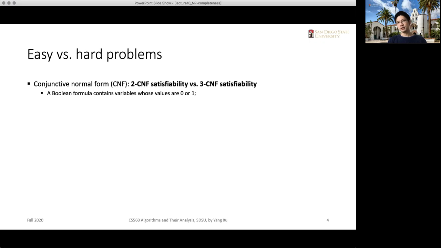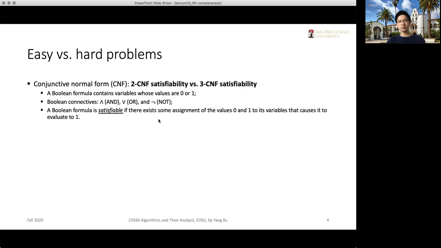It takes a Boolean formula that contains Boolean variables. So those variables can only be 0 or 1. And you can also use the Boolean connectives, like the and, or, and not operators.